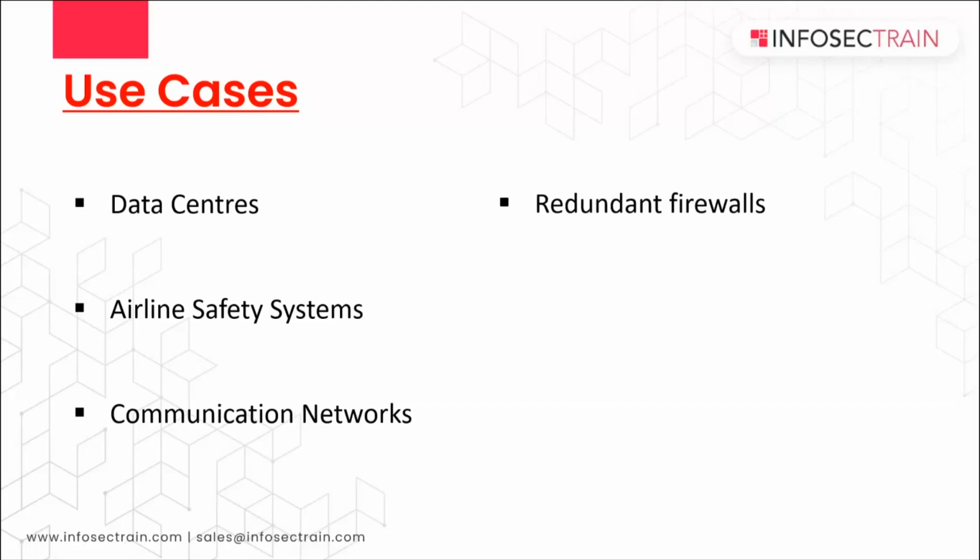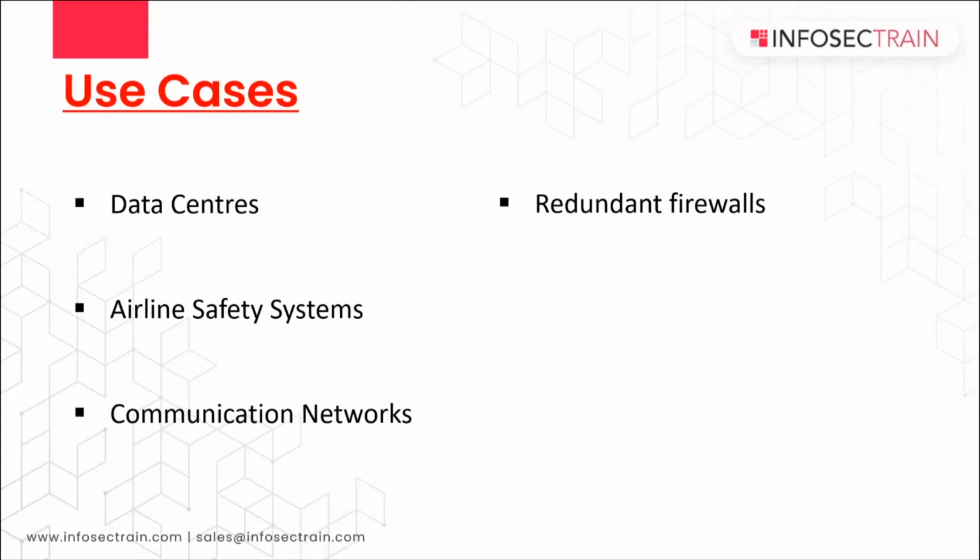In network security, firewalls are used to prevent unauthorized access to a network. By deploying multiple firewalls in a redundant configuration, if one firewall fails, the other can take over and maintain network security without interruption.